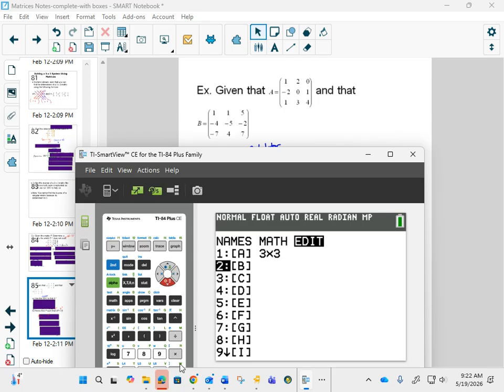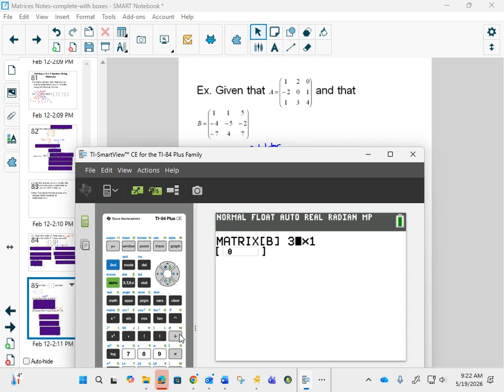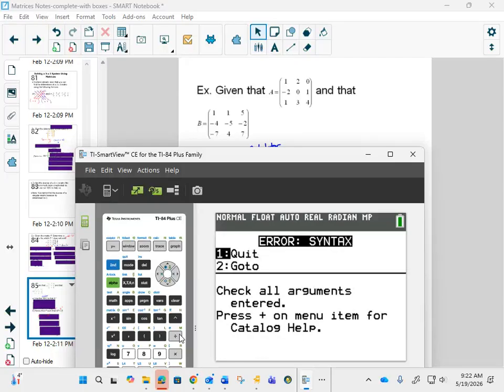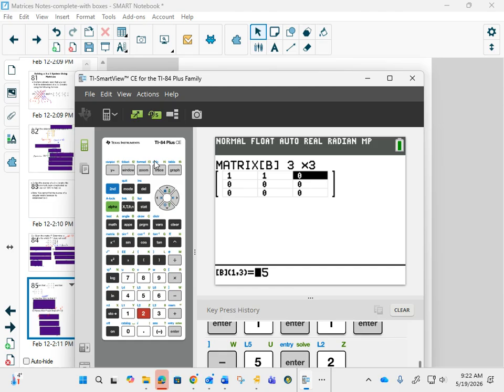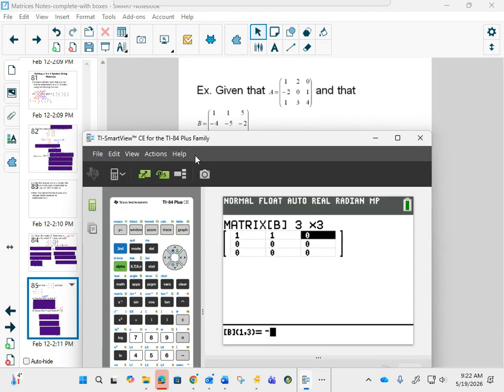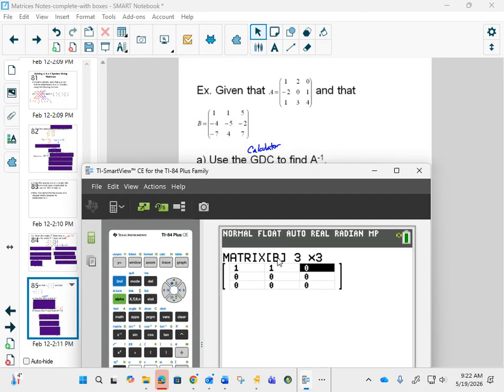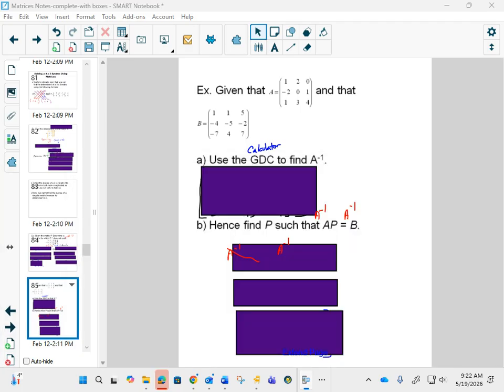edit B. And B is also going to be a 3 by 3. 1, 1, negative 5. I've got to do it over here. Negative 4.